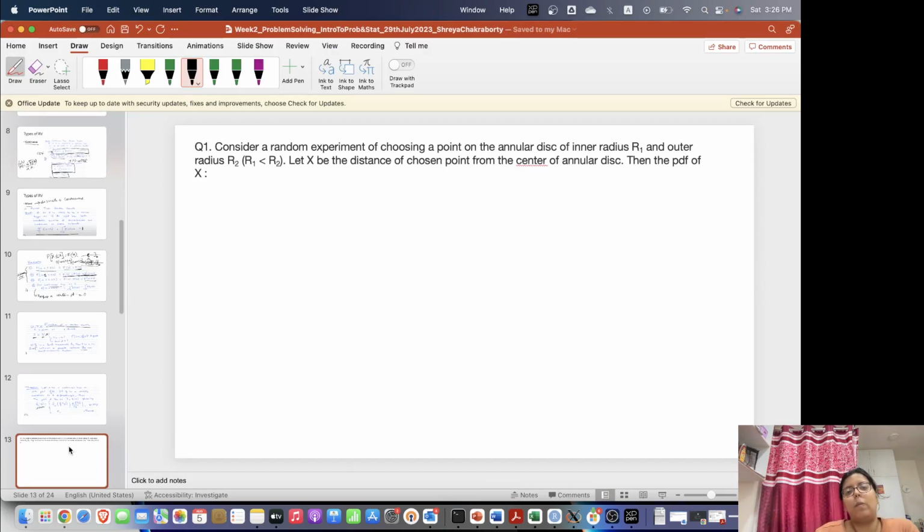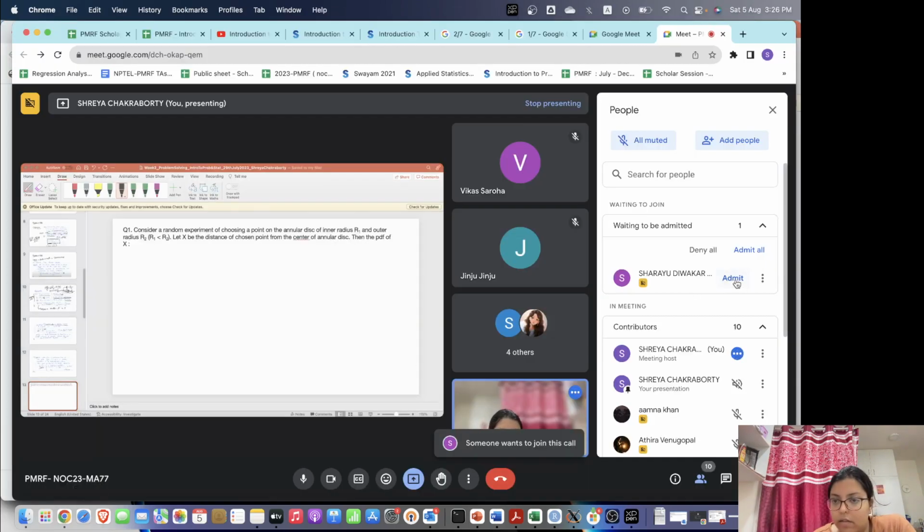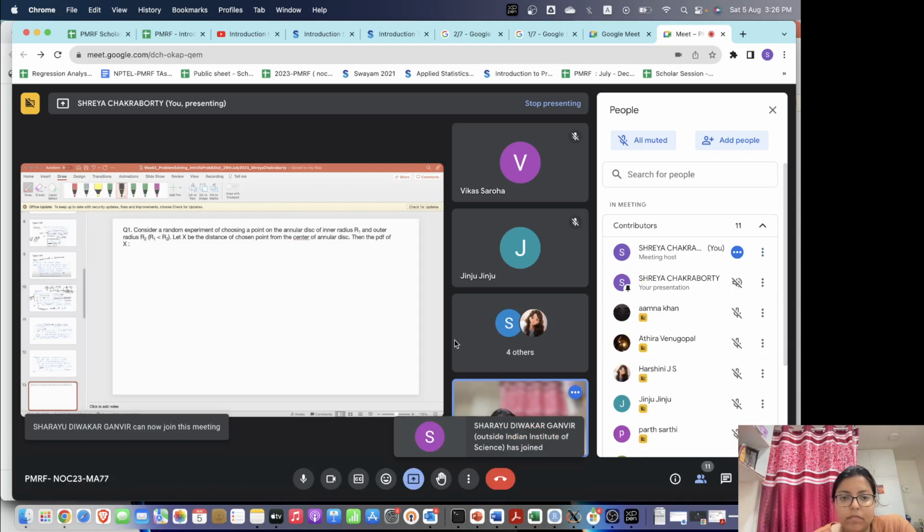So the problem is, let us consider a random experiment of choosing a point on the annular disk of inner radius r1, outer radius r2. Let X be the distance of the chosen point from the center of the annular disk.